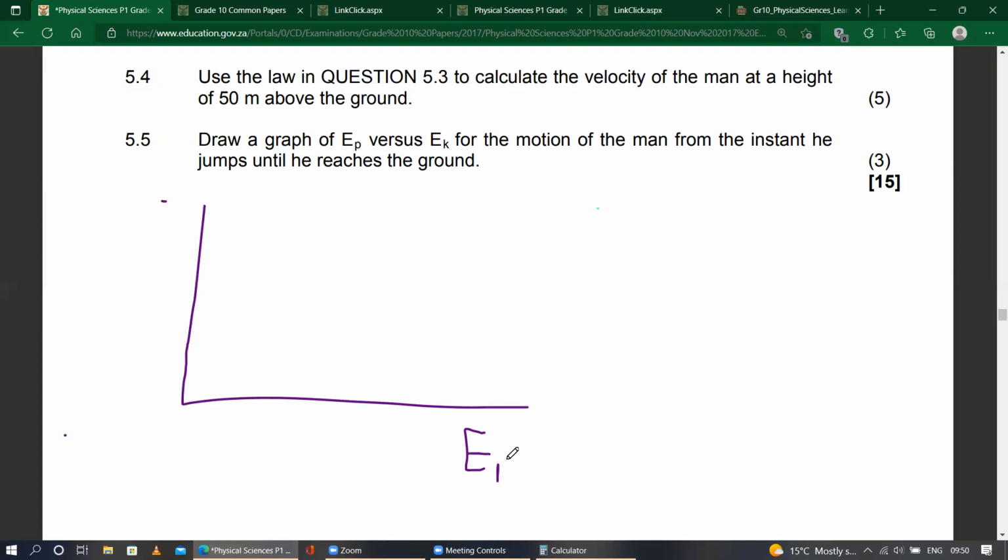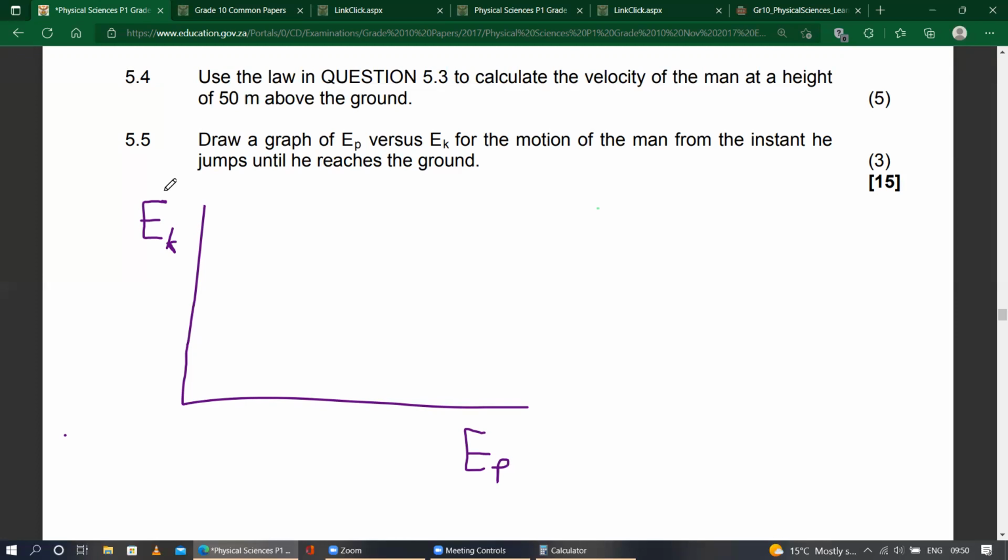If I remember well, it's X versus Y, so kinetic energy is gonna be here. From the information we have, we know that as potential energy decreases, kinetic energy increases.